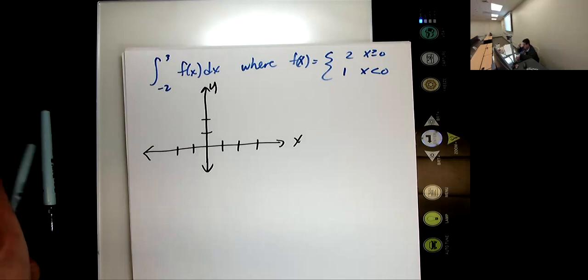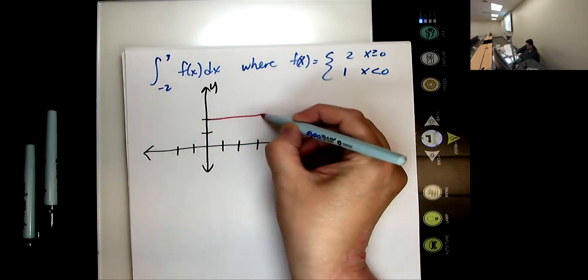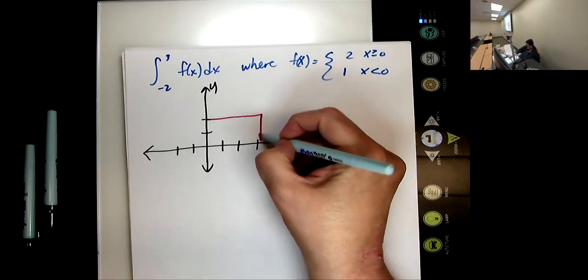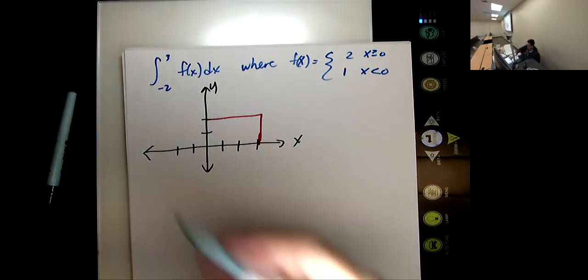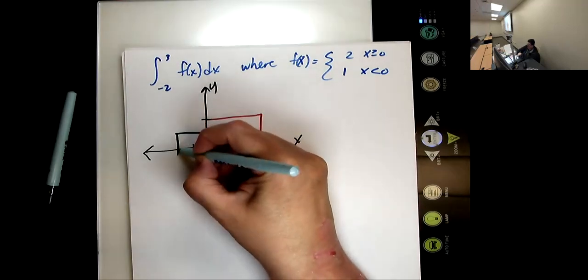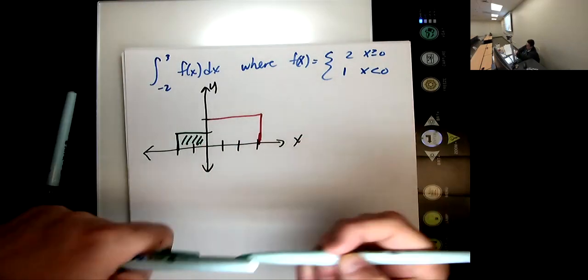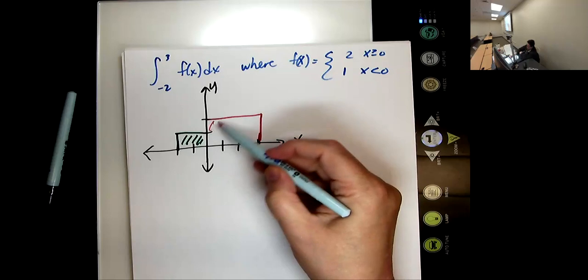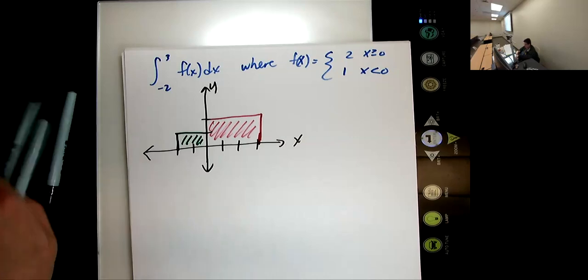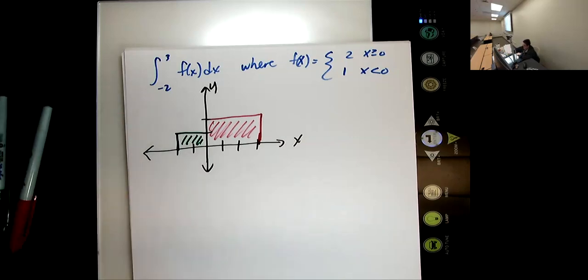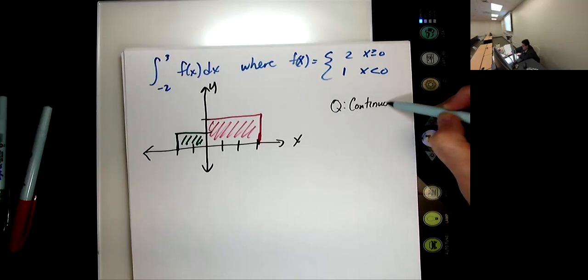For x greater than 0, the value of f of x is 2, which is a flat line, and that goes up to 3 and stops. For x less than 0, it's only 1. Definitely not continuous, right? The function jumps in value at 0. Continuous? No.